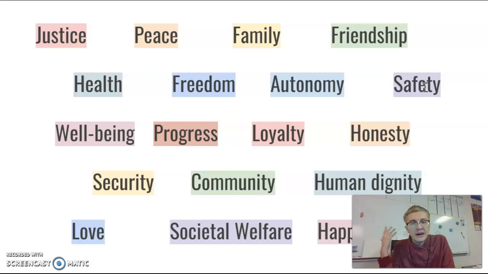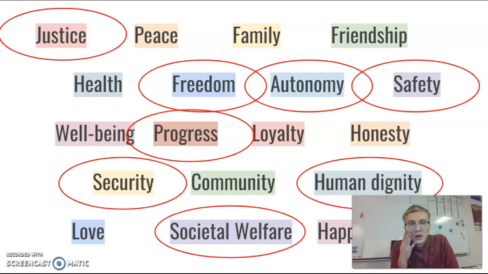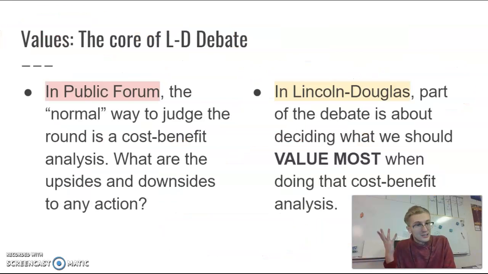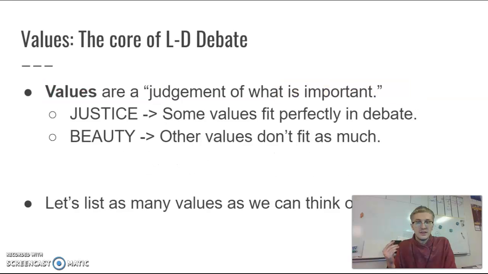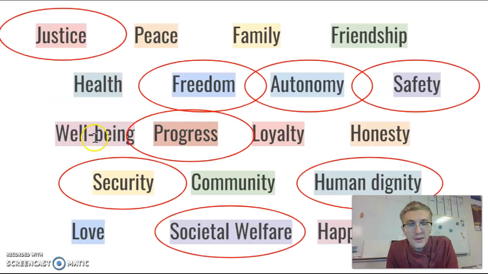And so, of these values up here, there's some of these that you're going to see a lot more in debate. The ones I've circled up here are really common things that you'll see in debate cases. So functionally, what you're saying when you use one of these values is, when we go back to that cost-benefit analysis, I'm saying that justice is the most important part of that cost-benefit analysis.